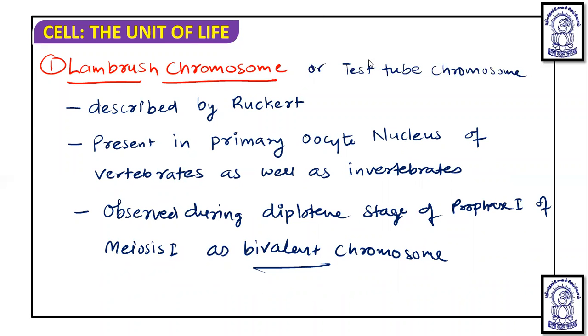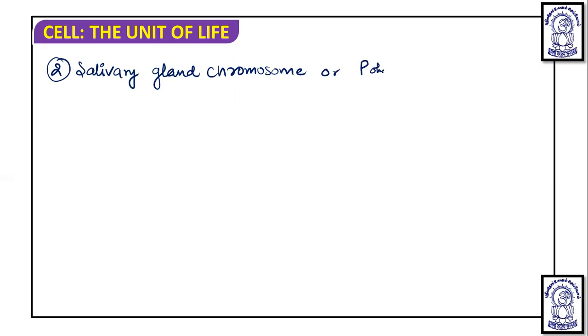Whereas another type of chromosome which is found, the second type, is the salivary gland chromosome, or polytene chromosome. So the salivary gland chromosome or polytene chromosome is also a large size chromosome.